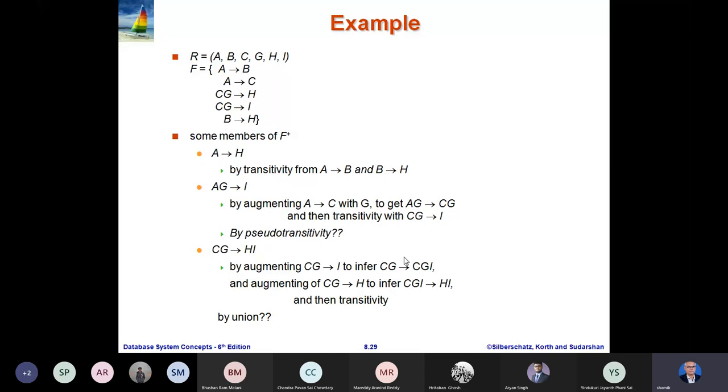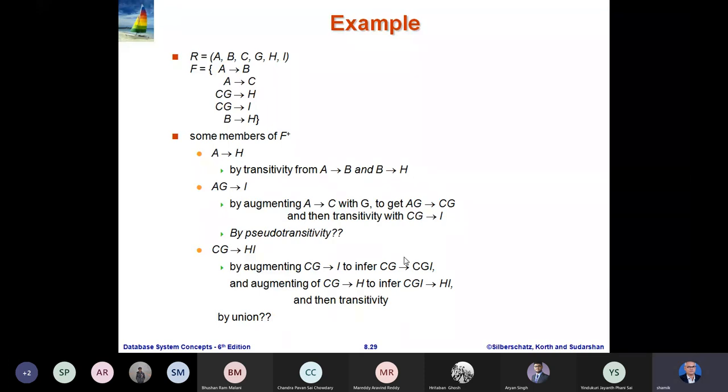We are not computing the complete F plus, the closure of F, rather we are showing some members. Because we have A to B, so here A, B, these are column names. From the first FD and the last FD, A to B and B to H, by transitivity, we get that A to H also holds.